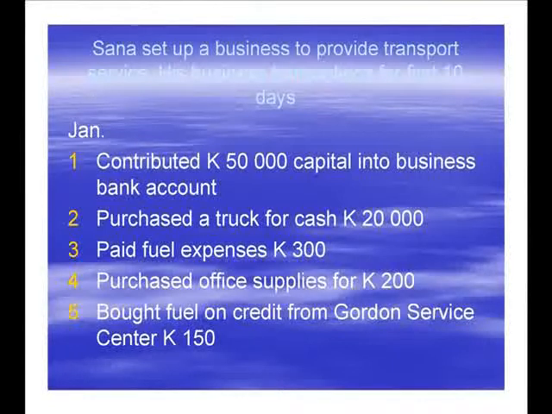Sana contributed 50,000 kina as initial capital, and then purchased a truck for cash and spent 300 kina for fuel, and purchased office supplies, stationery, and bought fuel from Gordon Service Center on credit, right? No payment.